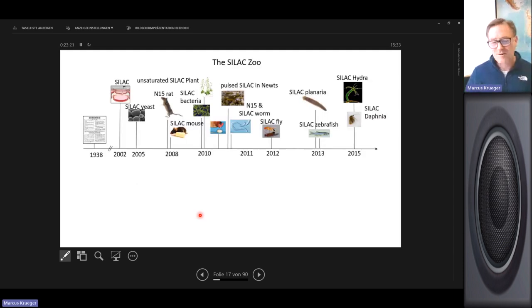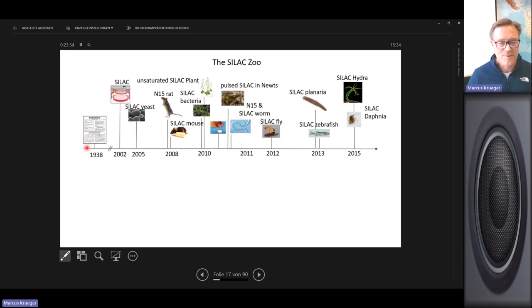And of course, since the last years, time is flying, a lot of model organisms were labeled. As I said, this stable isotope labeling idea was not really new in 2002, right? Although SILAC was invented in 2002, already almost 100 years ago, people worked on labeling even living animals. Of course, they didn't have a mass spec as a readout, but they worked to trace living animals with radioactive tracers.